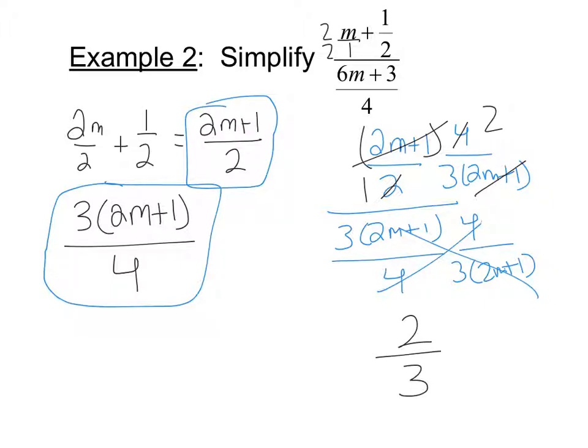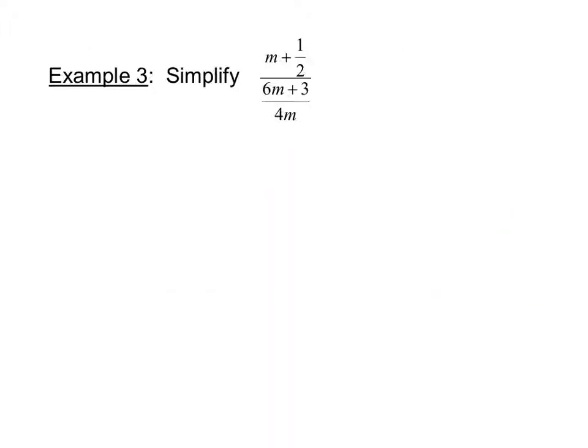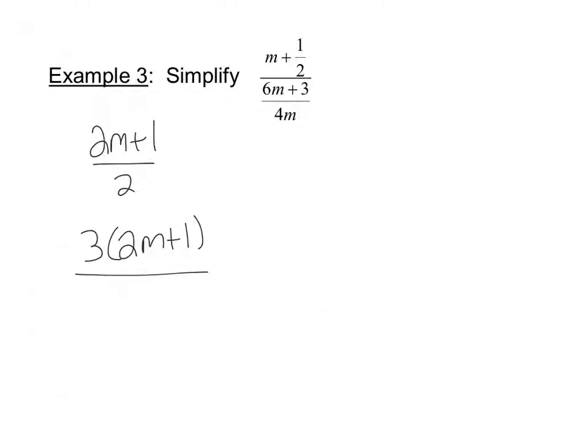Okay? So let's take a look at some more now. So this problem is almost the same. So we're still going to get the 2m plus 1 over 2 for the top. But the bottom, when we factor out now, is going to end up being, it's still the 3, 2m plus 1, but instead of 4, it's just 4m. But again, just multiply by the reciprocal.